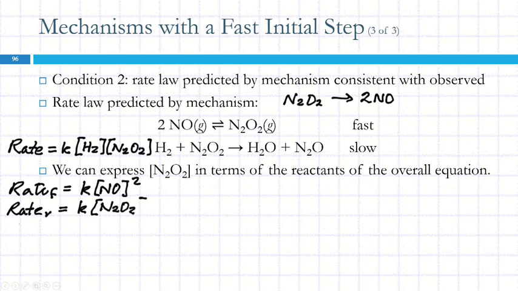Does everybody see that? This is an elementary step, so we can do it. When we're going forwards, we've got NO going to N2O2. There's two of those, so we've got NO squared. The reverse reaction, this guy going back to that, is going to depend on the concentration of N2O2.